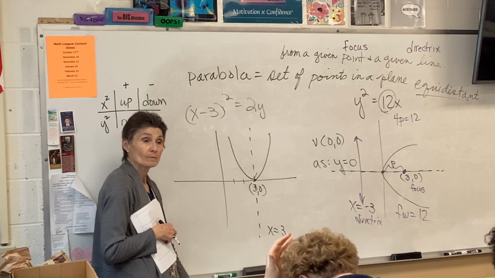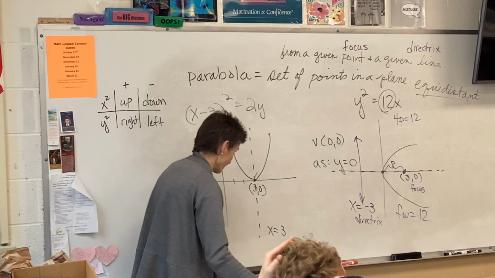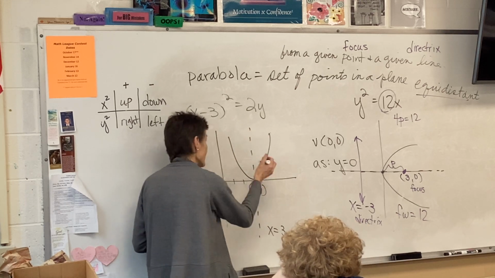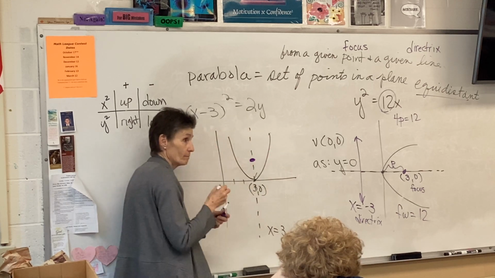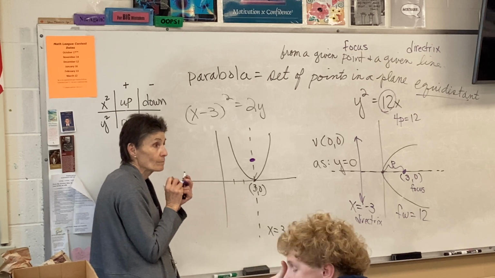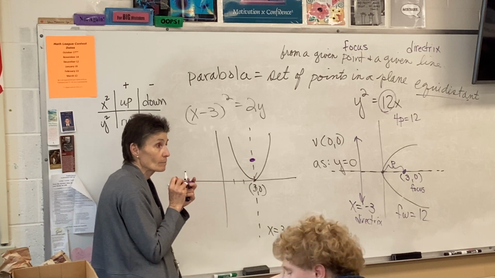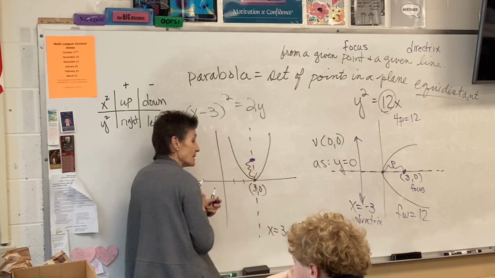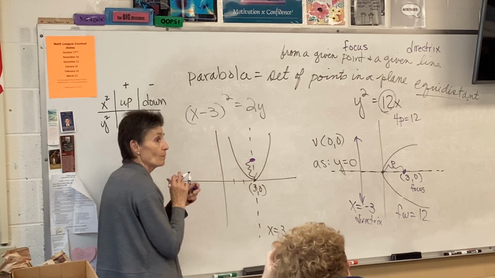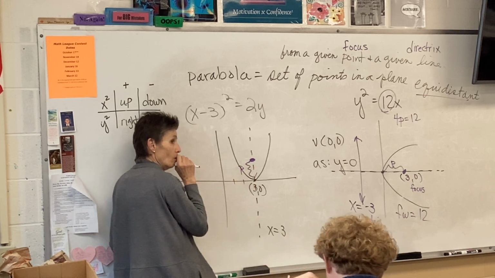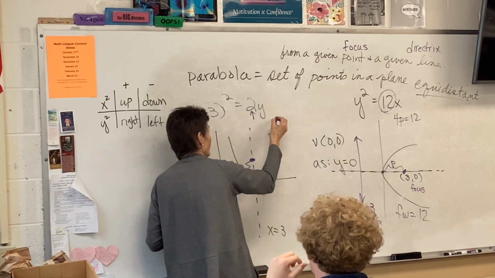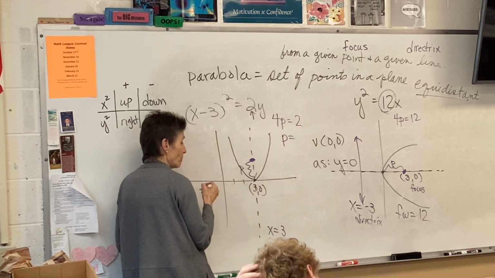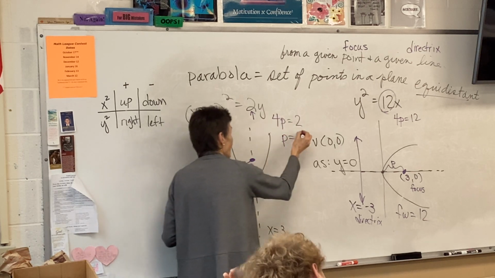Now, my focus is somewhere on that line inside the parabola, and there's someplace. How far up do I go this time to get my focus? Remember, this is P, and this number is 4P. So what's P? 1/2.